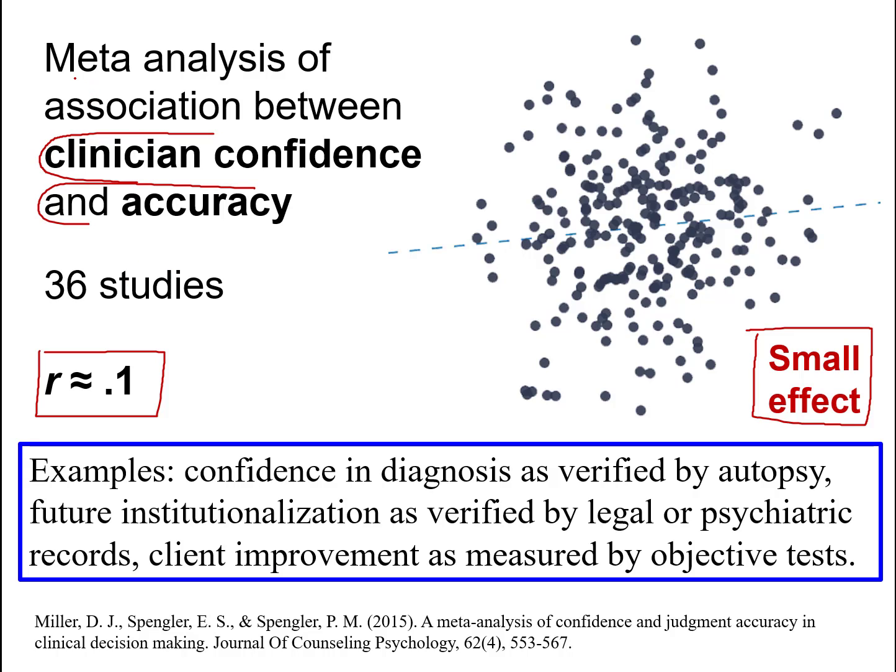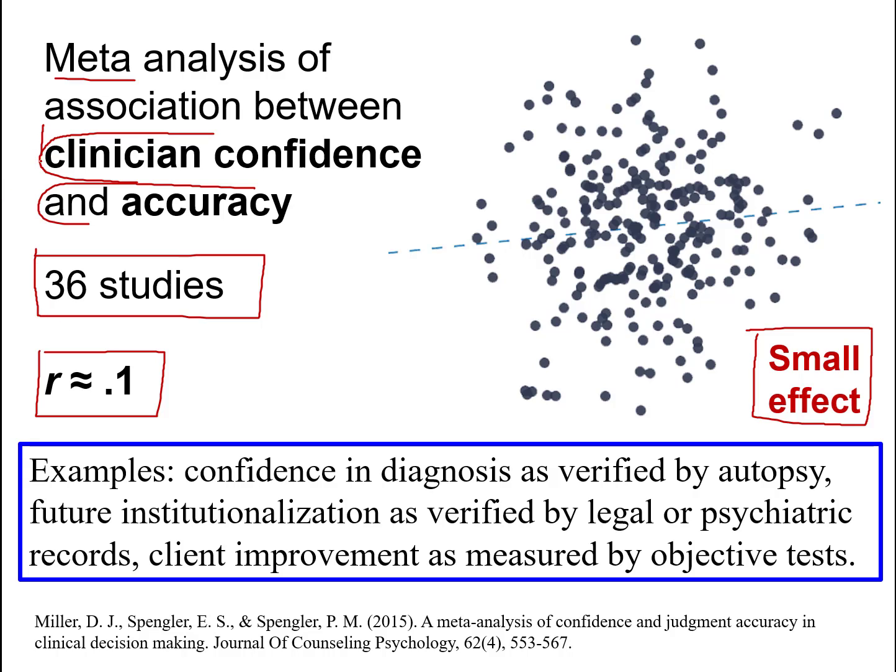So this comes from a meta-analysis looking at 36 different studies, and these were all studies investigating clinicians of one type or another. It included both psychologists and medical doctors, and in these studies, these clinicians first gave some kind of diagnostic judgment, and then importantly, after they gave their diagnosis, they were asked, how confident do you feel that you've made the correct diagnosis?